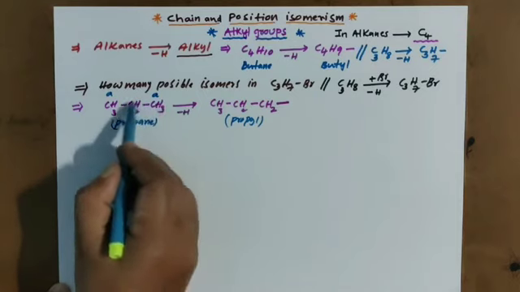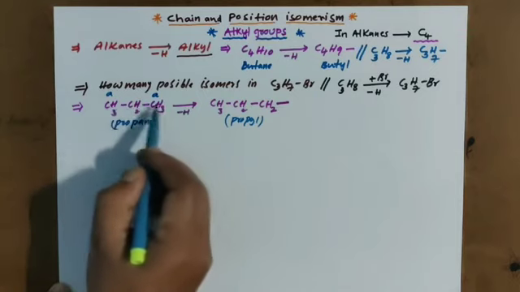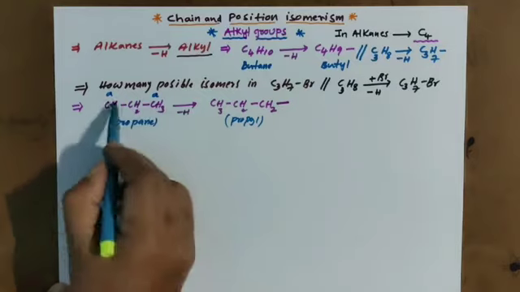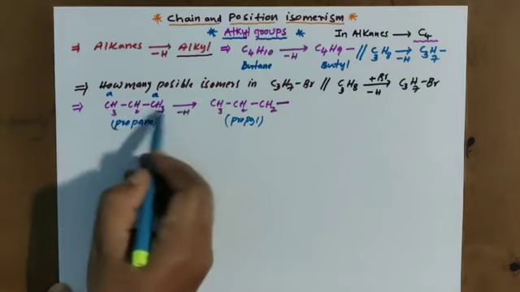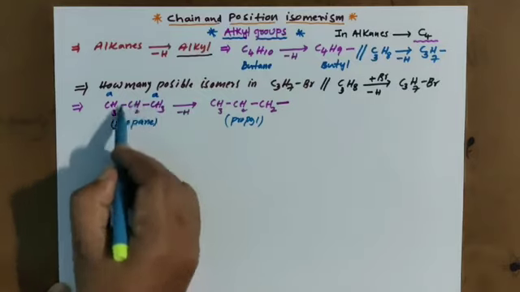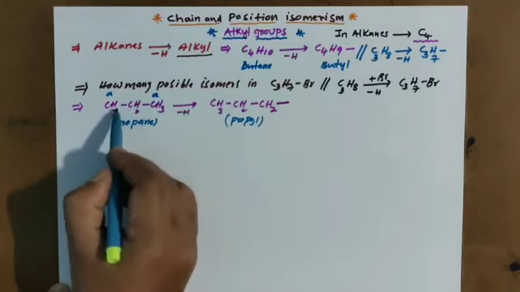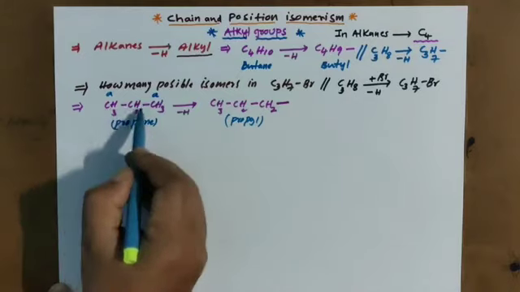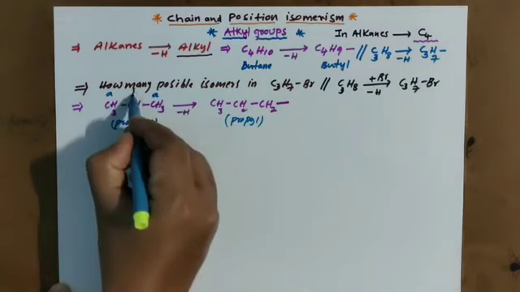This methyl group is bonded with one ethyl group. This is A type carbon. Now you take this carbon, bonded with one methyl on each side. This is different. This is B.